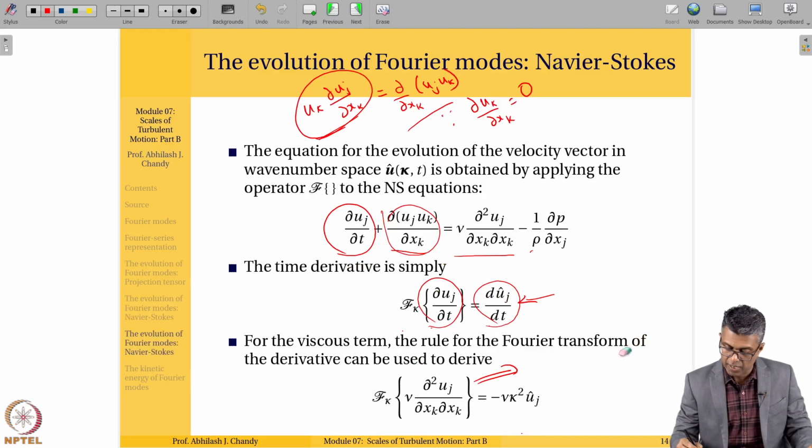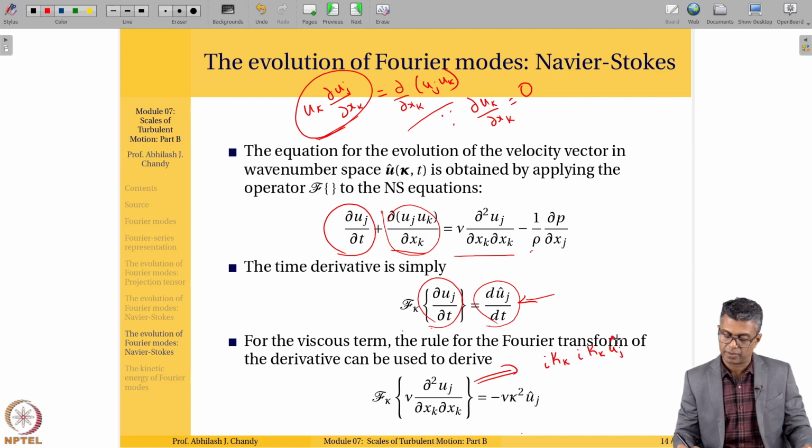So let me just erase this and start again. Then I would have I kappa k for the first derivative and I kappa k for the second derivative, multiplied by uj hat.